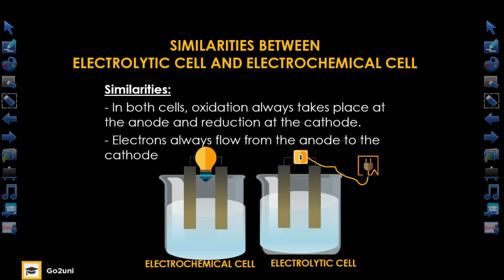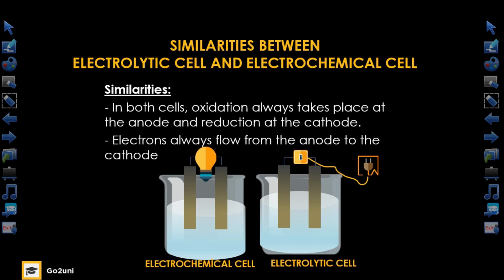That is one similarity between these two types of cells. Then we also know that electrons will always flow from the anode to the cathode in both types of cells, but currents will flow the opposite way. So let's take note of that.